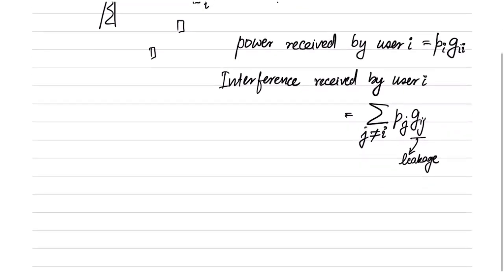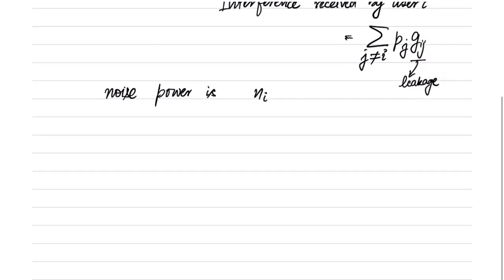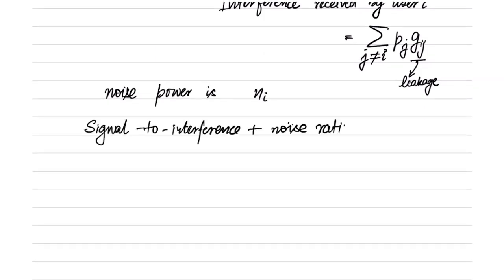And let us also say that the noise power is Ni. So the signal to interference plus noise ratio is called SINR. The SINR is a quantity that is useful for characterizing how much rate the user will obtain if he communicates over that channel.